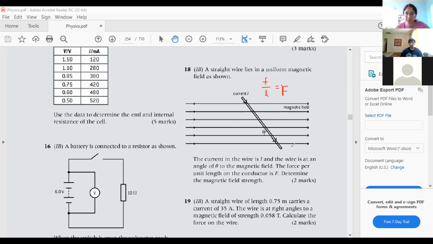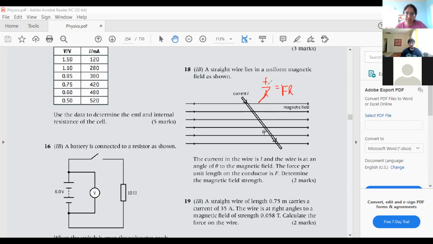That's what it gives us in the problem, right? And we know that the regular equation is F equals BIL sine theta, for wires. So we would have F over L, or hold on. No, we would have f times L, right, if we multiply both sides by that.